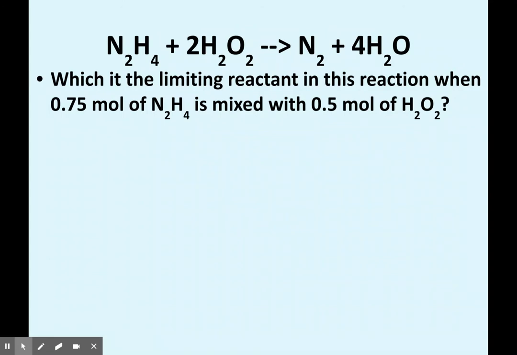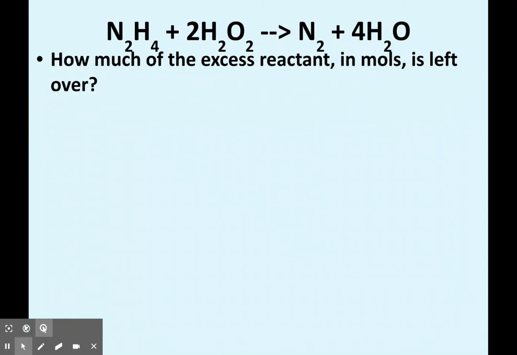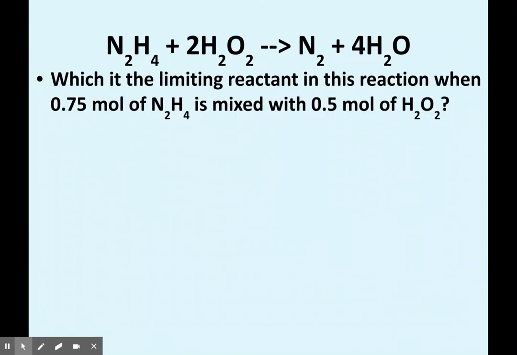Looking at the next one, again, I have balanced all these, but you do have to have balanced equations. Which is the limiting reactant in this reaction when we have 0.75 moles of N2H4? So we're going to write that down.